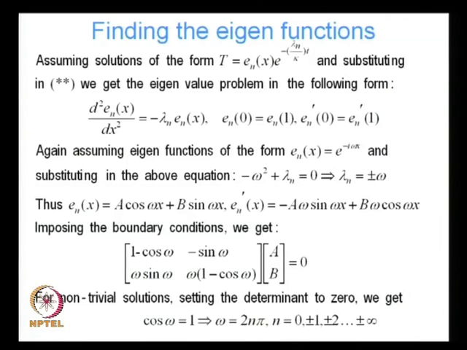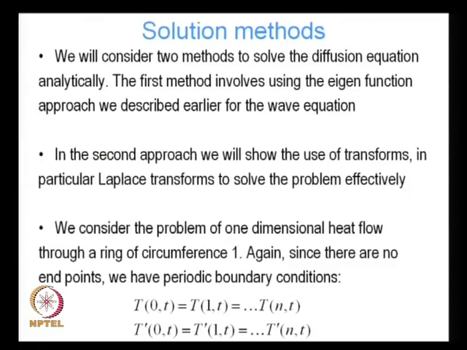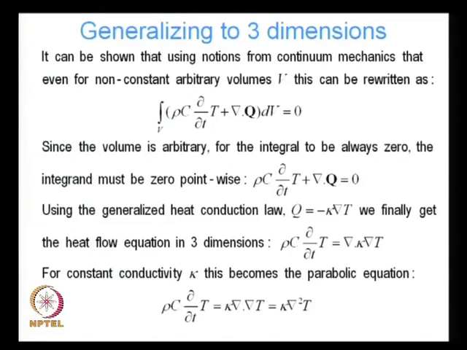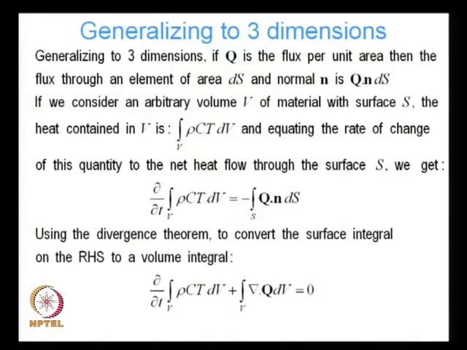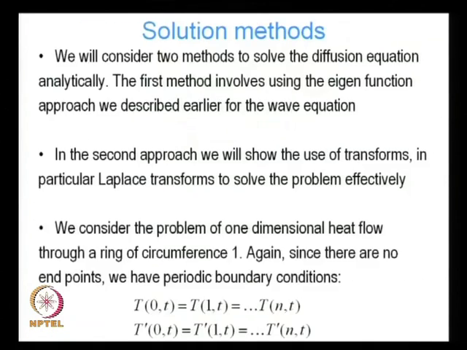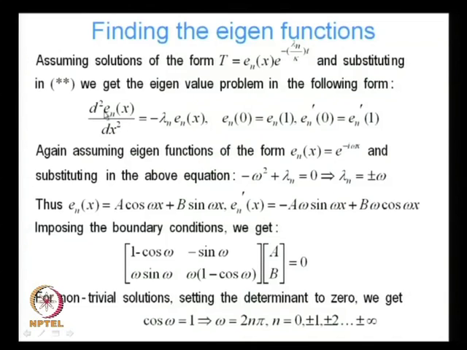To find the eigenfunctions, we assume solutions of the form T equal to E n(x) e to the power minus lambda n kappa t, and substituting this in my governing equation, which we left a while back, I get an equation like this: d2 E n(x) by dx squared equal to minus lambda n E n(x).